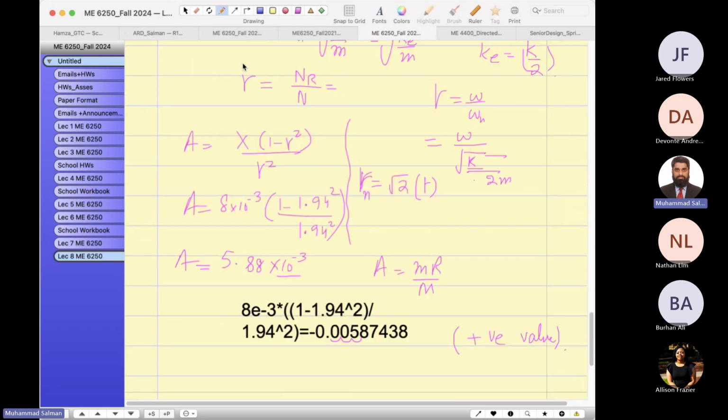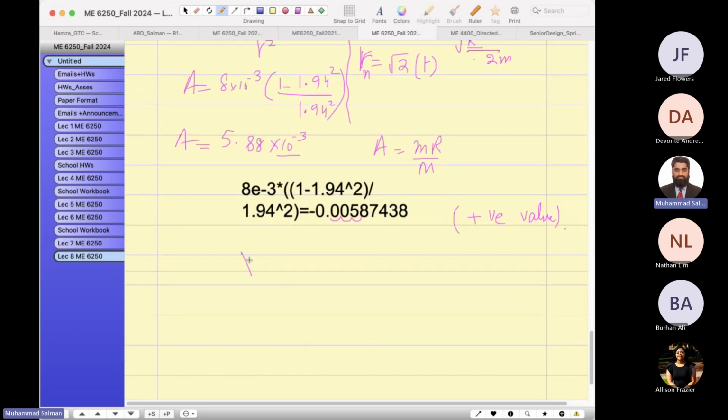I'm going to use the same formula: X equals A times R square over (1 minus R square). So let's see. What is my new X?